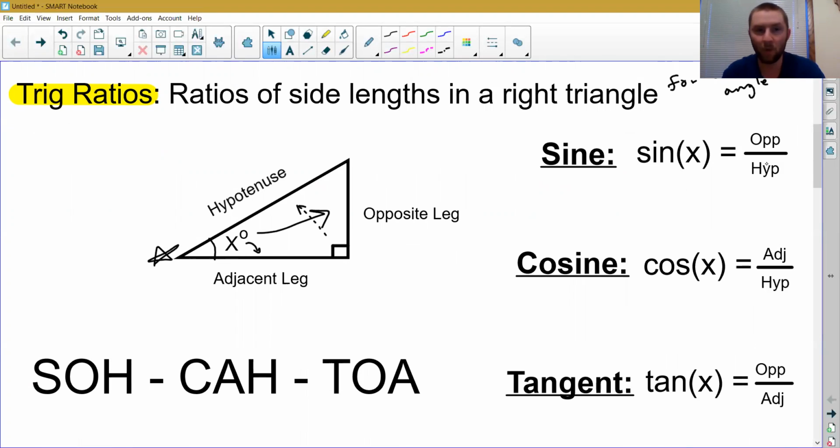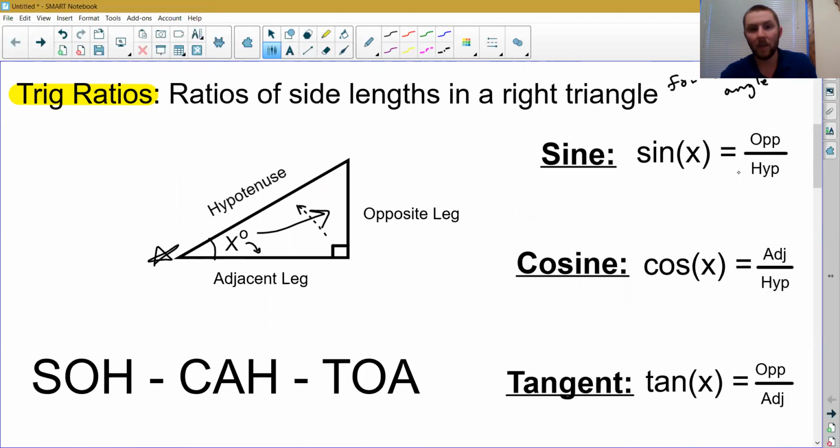Hence, that's why we call them trig ratios, right? So the sine ratio is abbreviated SIN, okay? And that is defined as the ratio of the opposite side from the angle you're talking about over the hypotenuse of the triangle. Okay, so it's the opposite side over the hypotenuse.